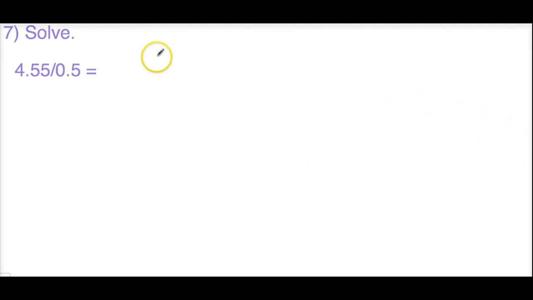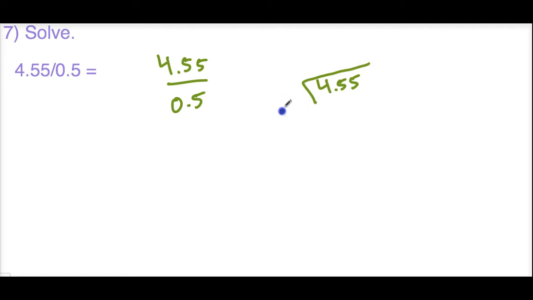Okay, so the next problem, I couldn't get it copied over, so it looked like this on your paper. What you need to recognize is while it looks like a fraction, it basically means to divide 4 and 55 hundredths divided by 5 tenths. So again, I need to make my divisor a whole number, so I'm going to multiply by 10, thus moving the decimal over.